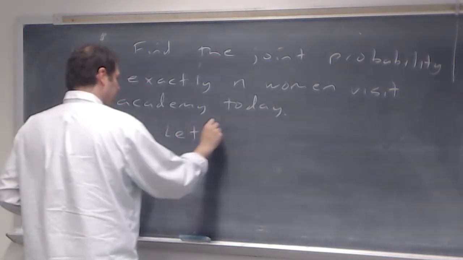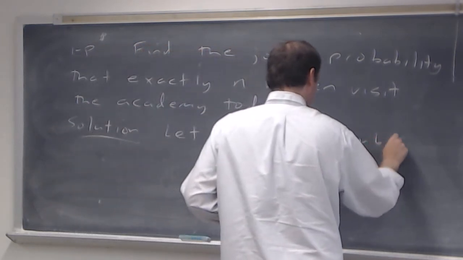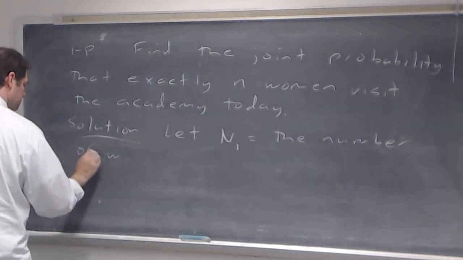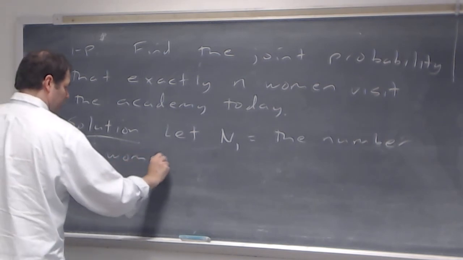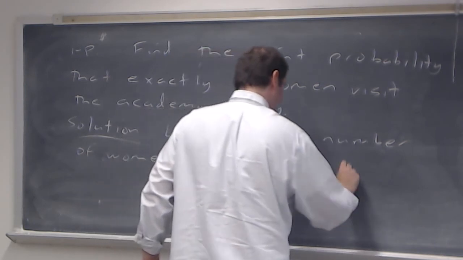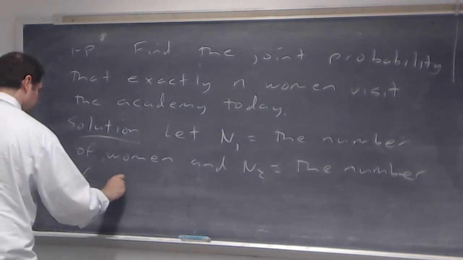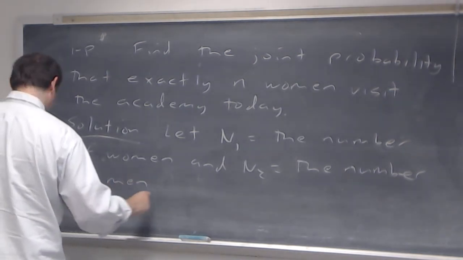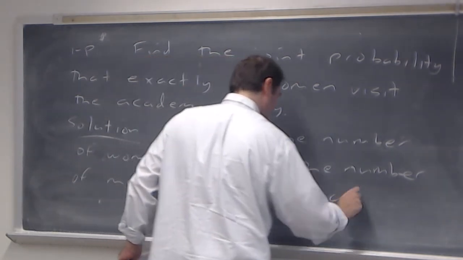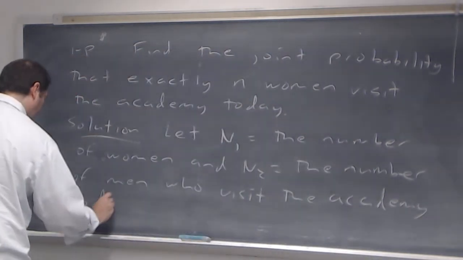Let's start off by defining some random variables. Let n sub 1 equal the number of women who show up, and let n sub 2 equal the number of men who visit the academy today. Again, this is a problem from our book.